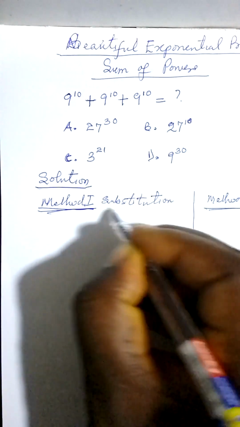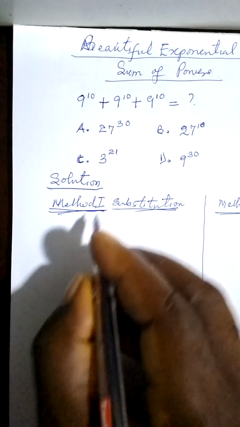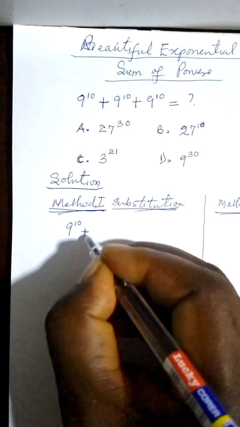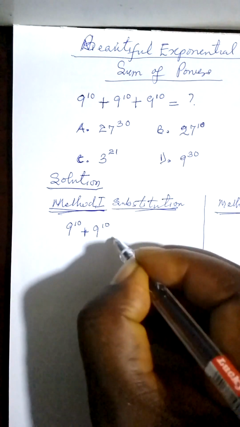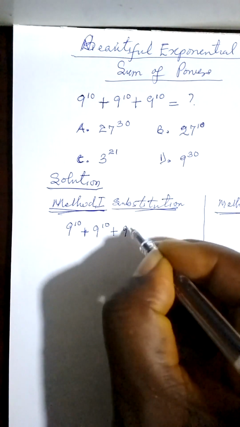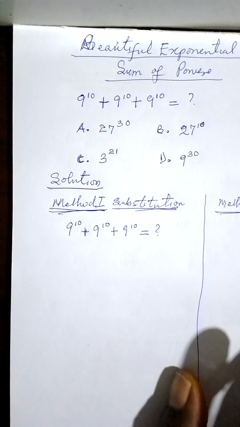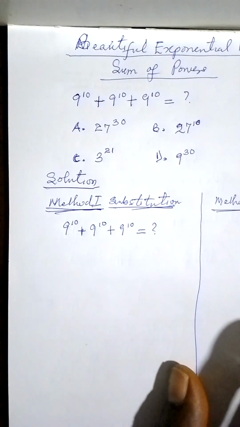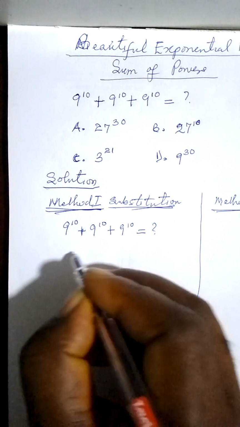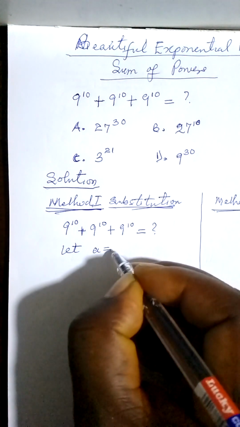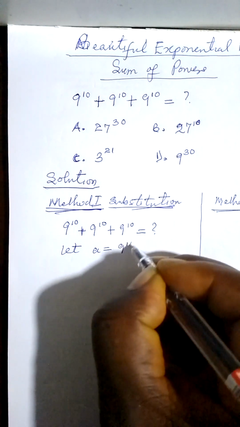Substitution method. Okay, so we have 9 to the power of 10 plus 9 to the power of 10 plus 9 to the power of 10, and then we have to find what the answer will be. Okay, so what I'm going to do is to say let a equal to 9 to the power of 10.